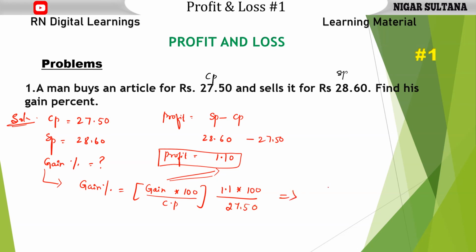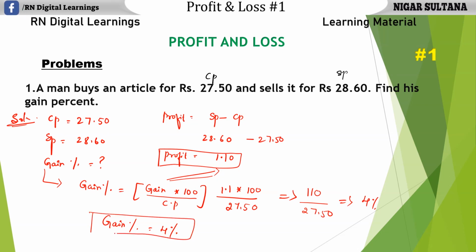When you simplify this, it will be 110 divided by 27.50, which gives us 4%. So the gain percent is 4%. This is a way of calculating the gain percent: you just need to substitute the values in the formula and simplify it.